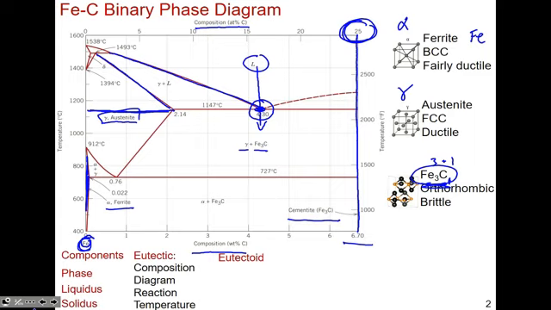So it's eutectic-like, but instead of coming down from a liquid state, let's say you have this solid gamma phase, and you come down right at this composition of 0.76 weight percent carbon, that's denoted here. If you come down, you can see it gets split into alpha and iron carbide, or cementite.